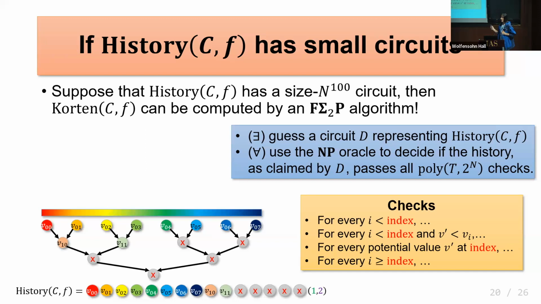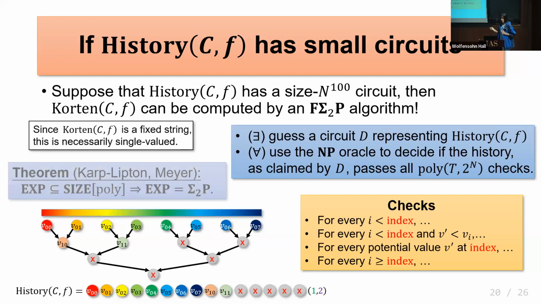Does this look reminiscent of something to you? This is the Karp-Lipton theorem, in some sense. So if my exponentially long string has a polysize circuit, then I can verify it. Well, actually, if some computational history, which is a very long string, has polysize circuits, then I can verify it in sigma 2.